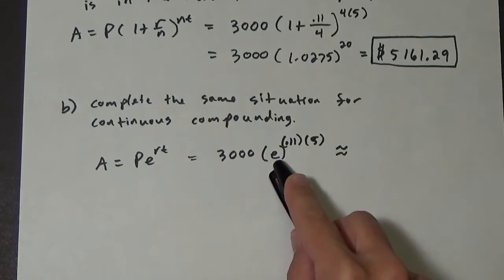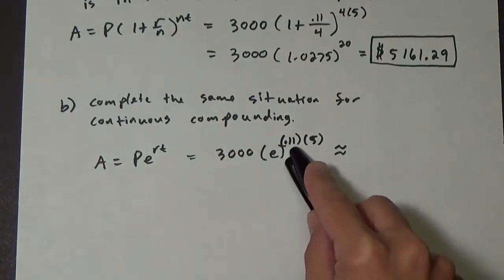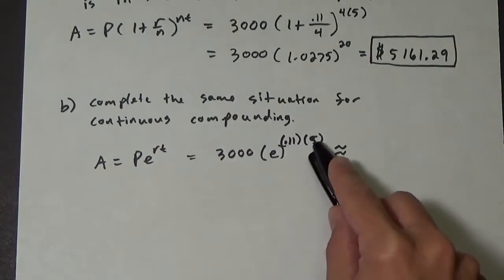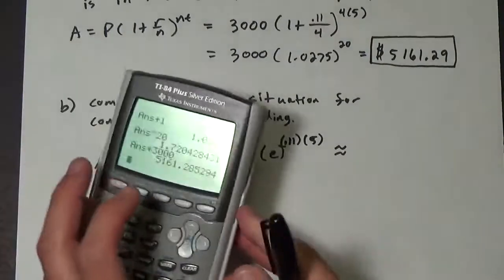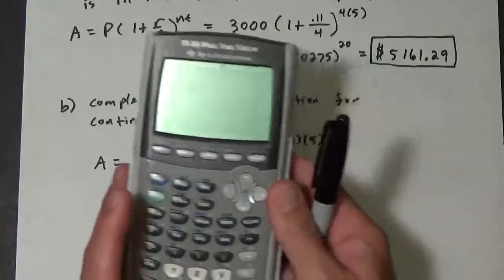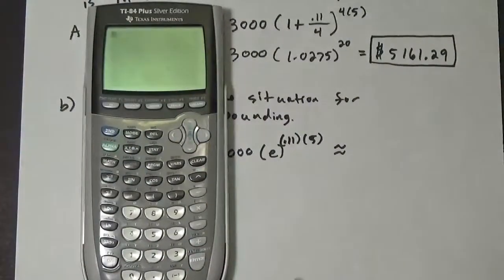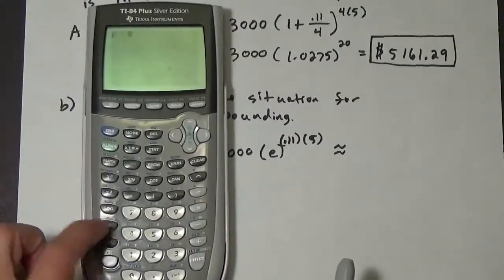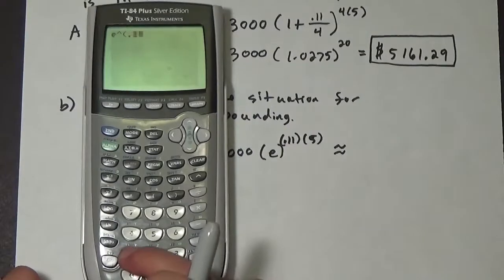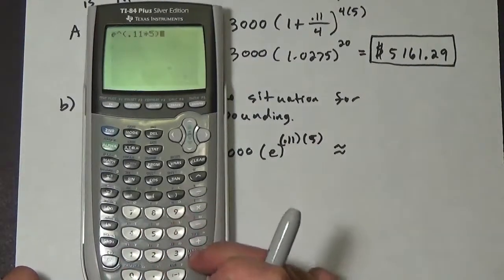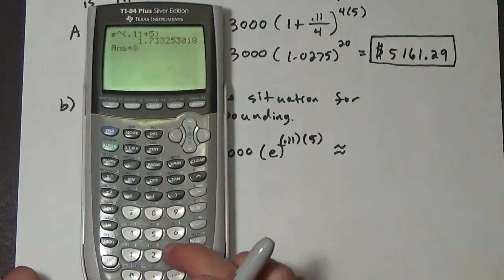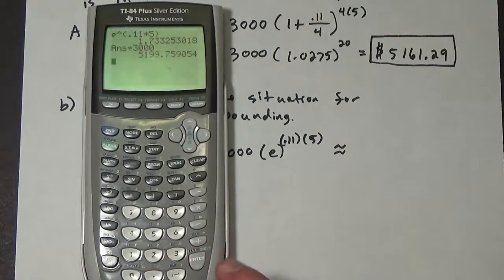We have our number e, and then we're raising that to the R. R is 11% or 0.11, and then 5. So let's try that one. So I'm going to take e and raise that to the 0.11 times 5, and then multiply that by 3,000.